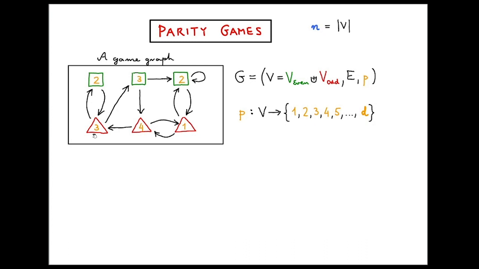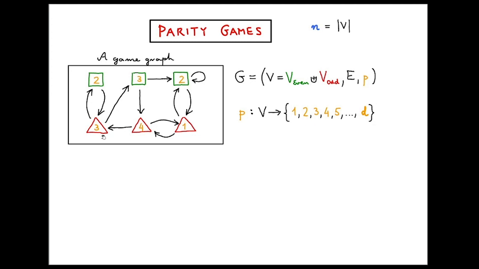Now, why parity games? In a parity game, we have 2 players. We will call them even and odd. In the pictures that I draw, I typically represent vertices owned by even by squares. It's easy to remember because squares have 4 sides and 4 is even.